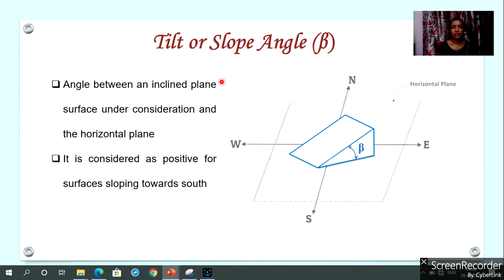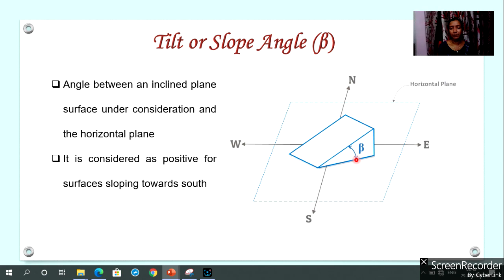The next one is the tilt or slope angle beta. Let us consider an inclined plane on our horizontal surface, and the angle between this inclined plane and the horizontal surface is known as the tilt or slope angle beta.